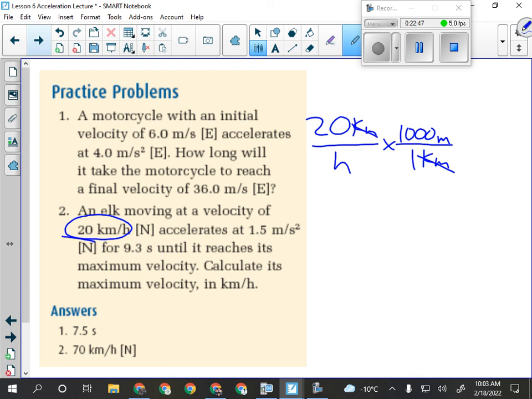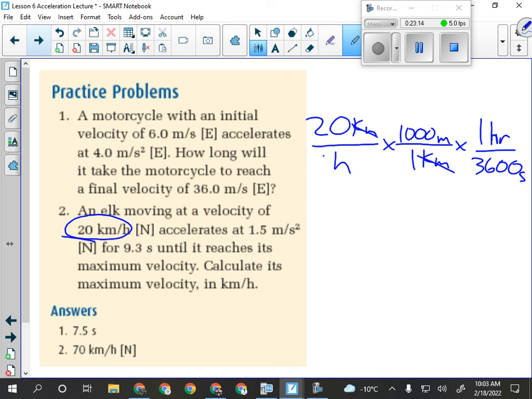Agreed? But I don't want meters per hour. Nobody talks like that. So I need to convert the hours to seconds. In 1 hour, how many seconds are there? 60 minutes, 60 seconds in a minute, 60 times 60, 3,600 seconds.